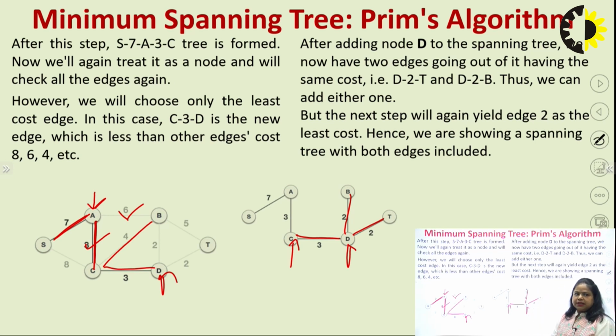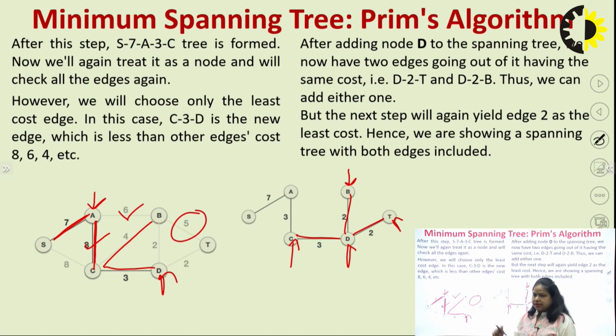Now we move on either T or B, but if we consider either node, we would have to consider this edge with weight 5, and if we include this weight, it will generate a cycle. So we will not consider this edge. That is why this tree is called a minimum spanning tree, in which you can check that we have covered all the vertices.